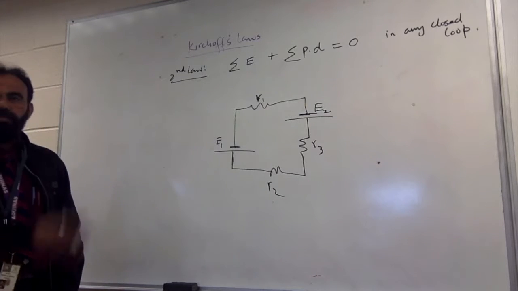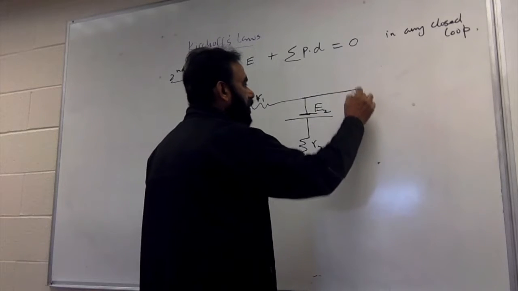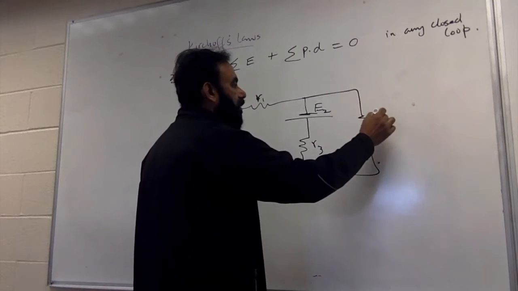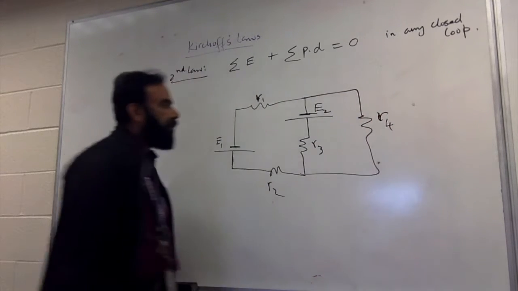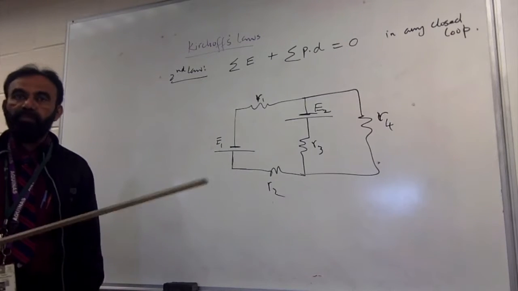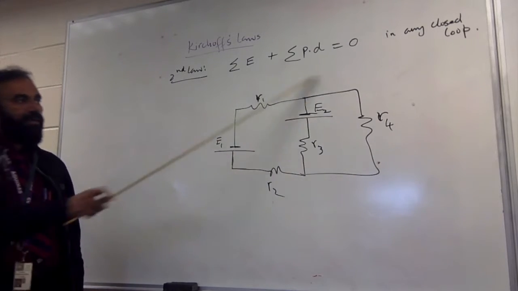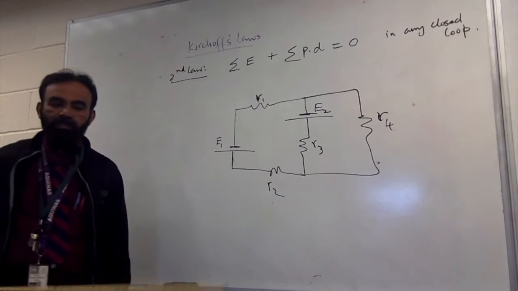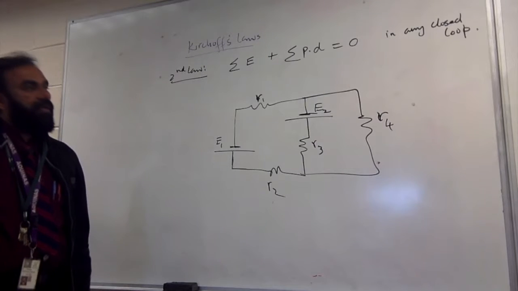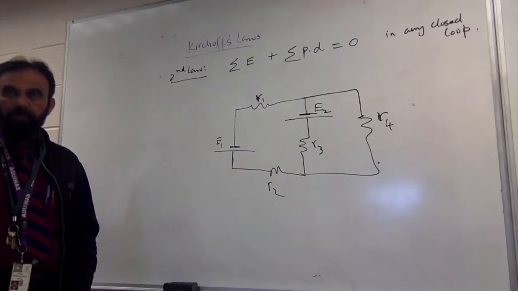This is a closed loop. You can have multiple closed loops. You can have another loop here, that's also a closed loop. Now, how many closed loops do you see here? 3. One closed loop, a second closed loop, and a big closed loop. So we have closed loops, and for each closed loop, this rule is true.